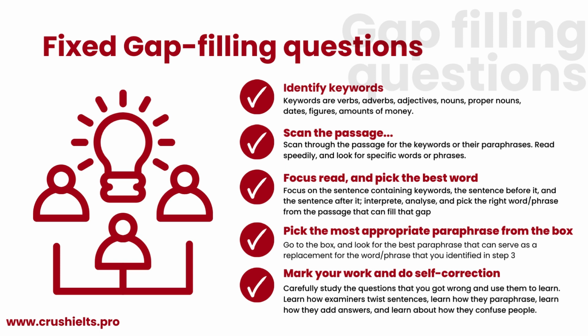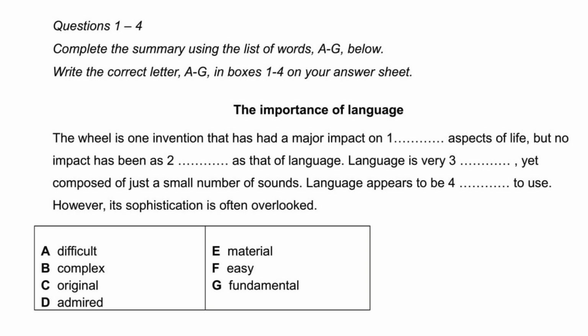Okay, if I see feed in the box, then that is a very good paraphrase that can fit into that gap. So that is what I'm saying, that for fixed gap filling questions, you need to pay attention to paraphrasing. Okay, this particular question type will test your skills of paraphrasing. Hope you understand my point.